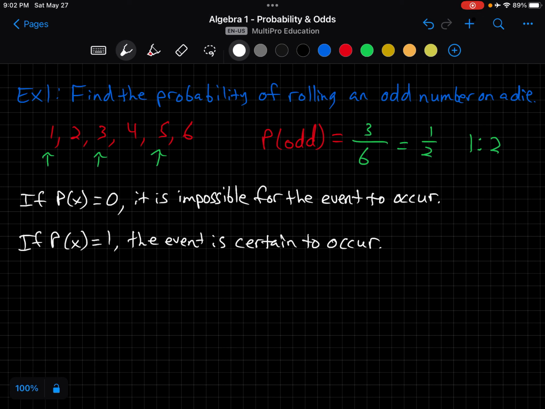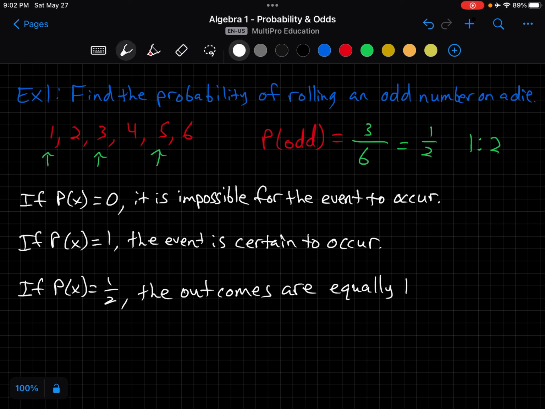Let's look at another one. If the probability of x is 1/2, the outcomes are equally likely to occur or not occur.